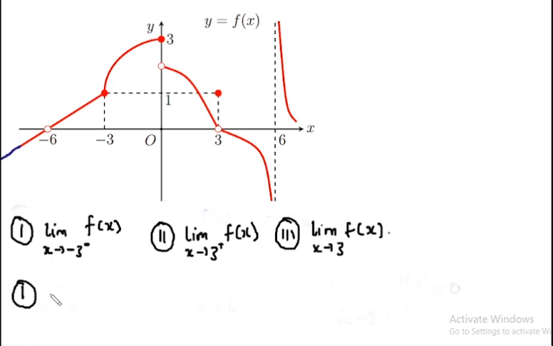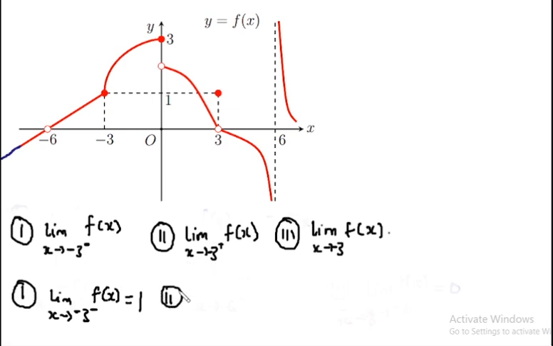So the limit as x approaches -3 from the negative side of f of x is equal to y. So this is -3 and this is -3. Now you are told to find the limit of f of x as x approaches -3 from the positive side.